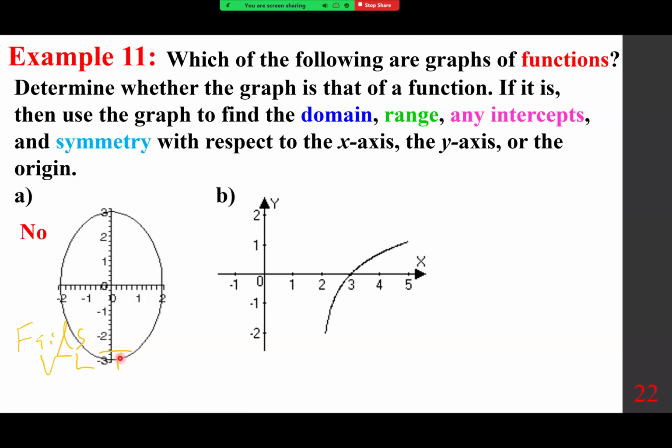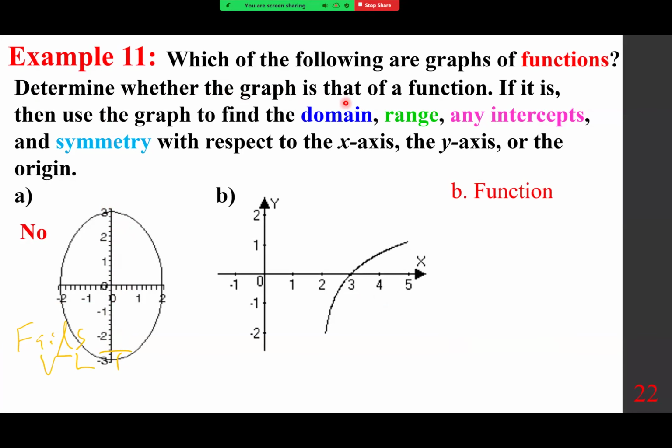And you can see it just like if you look at the y-axis, it crosses it twice. So it's not a function, but this one is a function. Now let's answer the rest.